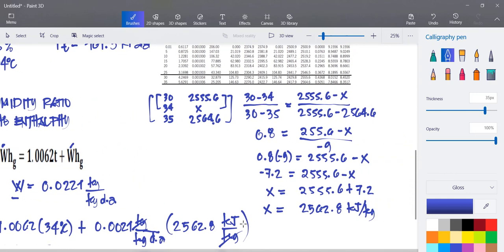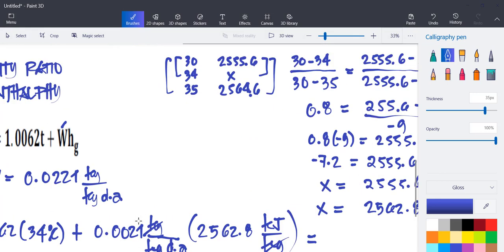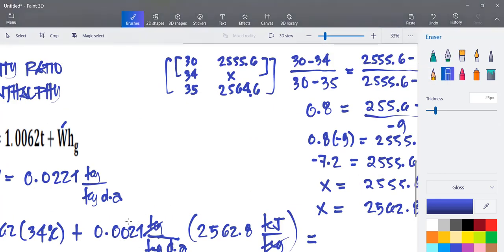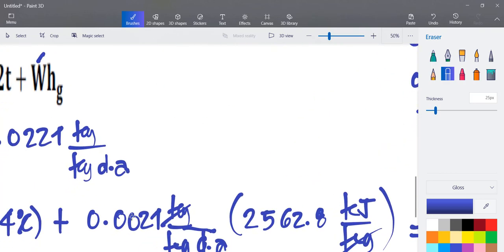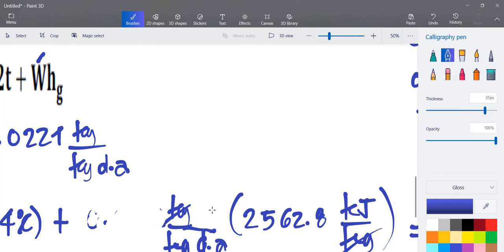So finally we have the solution. Sorry, here we made a mistake, so I'll erase this one and replace it with this one. It will be 0.0221.